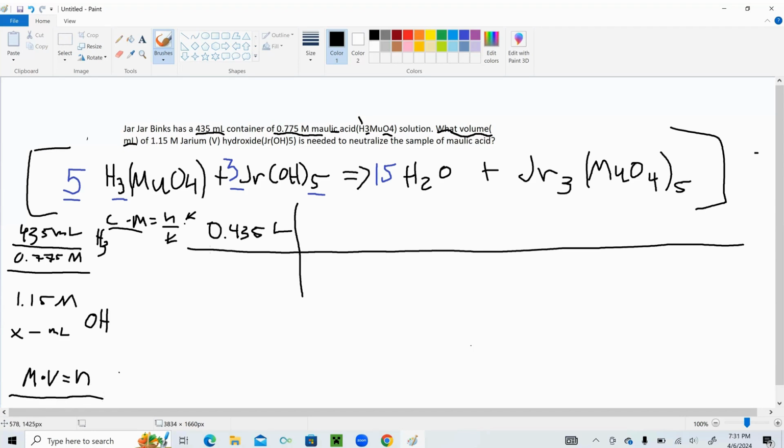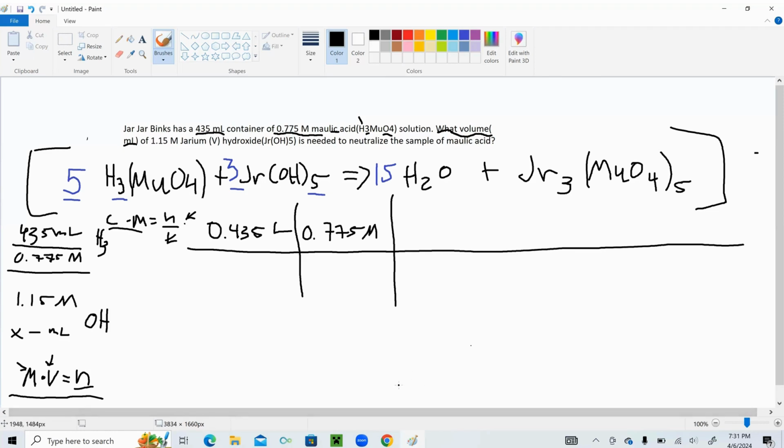So what do you think I'm going to put up here? Correct. I have liters and I have the molarity. This is the molarity. These are the liters. That's going to give me moles. So what I got to do here is put 0.775 M.